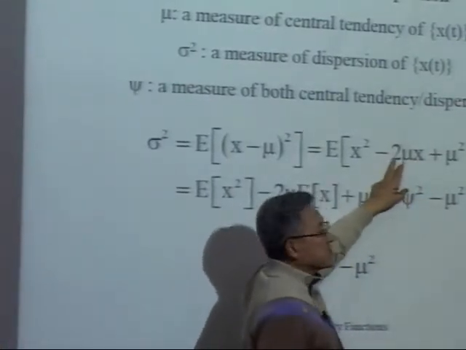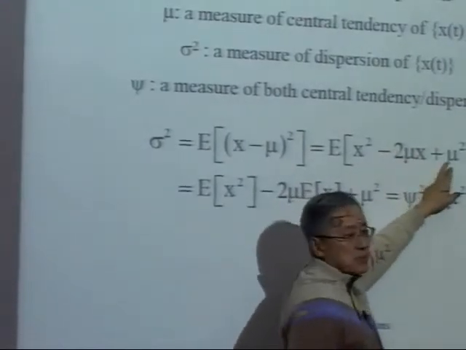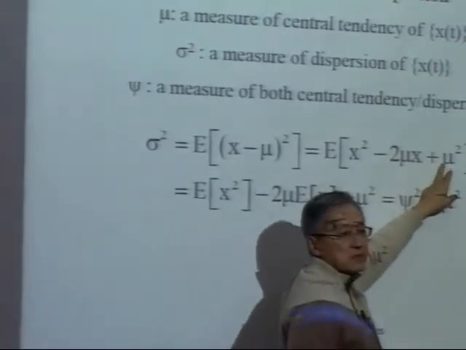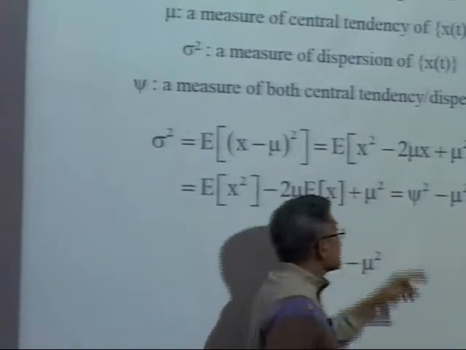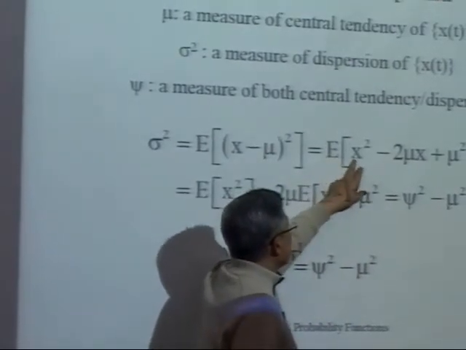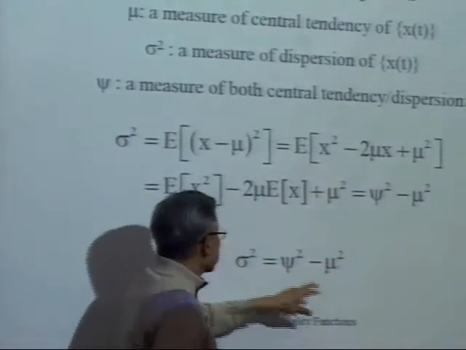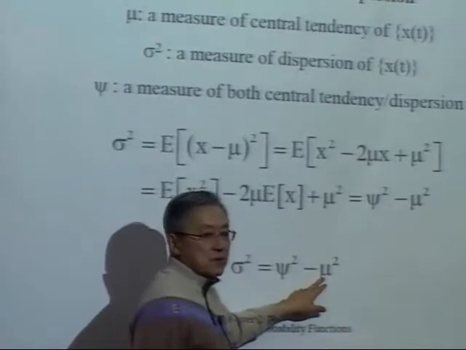So it's going to be 2 mu square. Minus, so plus. So the result is minus 1 mu square, right? So you have the expected value of x square, which is psi square, minus mu square.